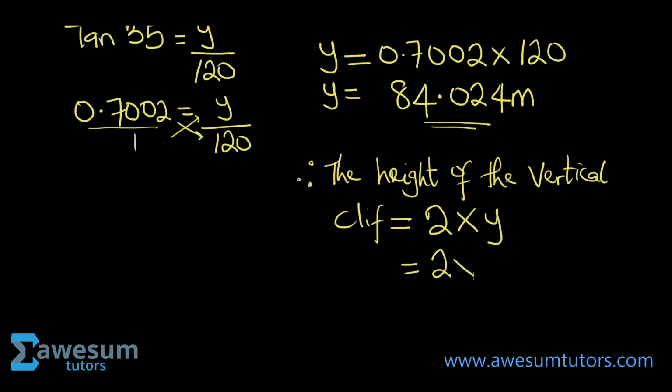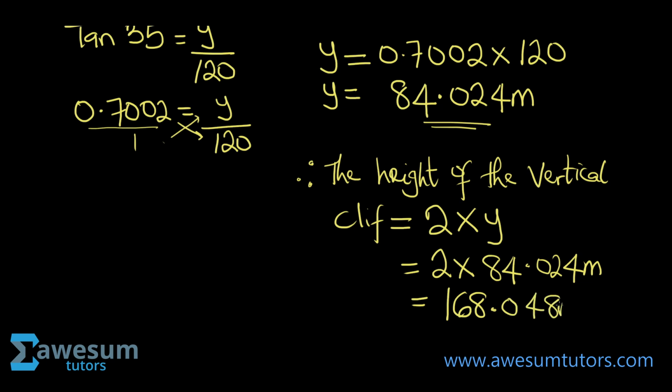That will be 2 times, what is y? 84.024 meters. So the height of my vertical cliff is then going to be 168.048 meters. Very good, guys. That is your final answer.